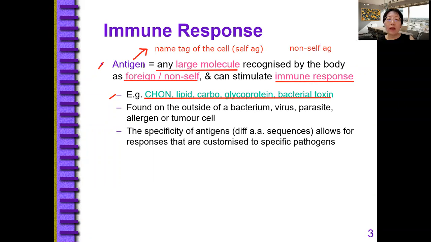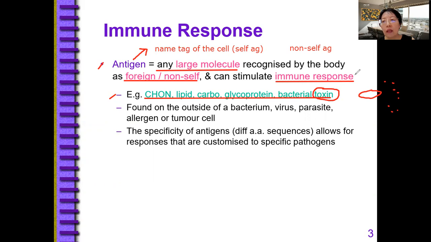But when it comes to immune response, as long as this molecule activates immune response, it is considered as antigen. So bacterial toxin is not the name tag of the cell. It is actually a chemical that is secreted by bacteria, and it is toxic to our cell. So it is also considered as non-self antigen, because these molecules are foreign in our body.